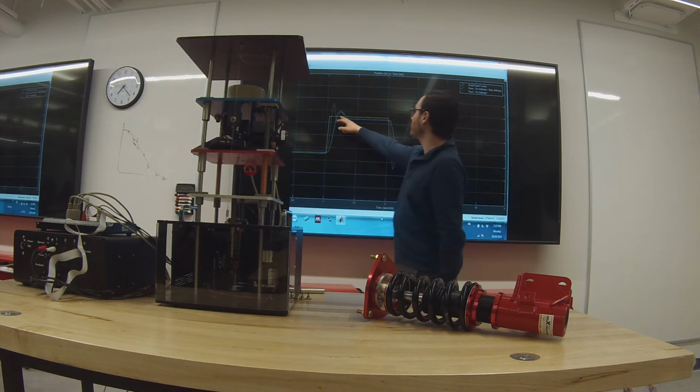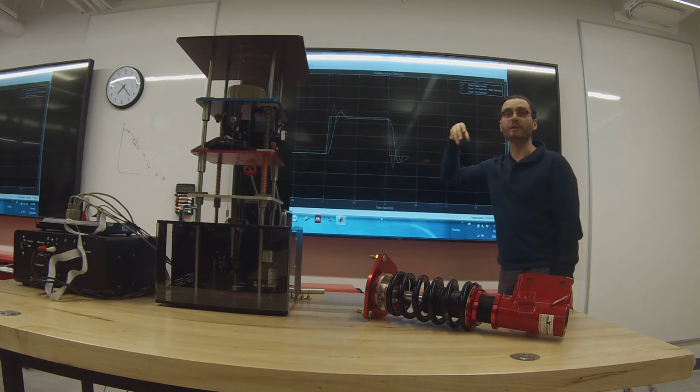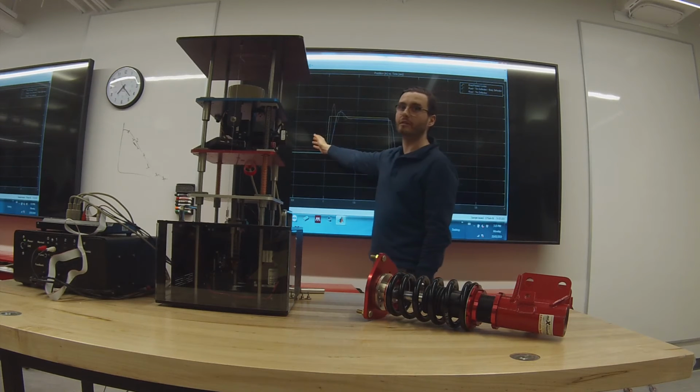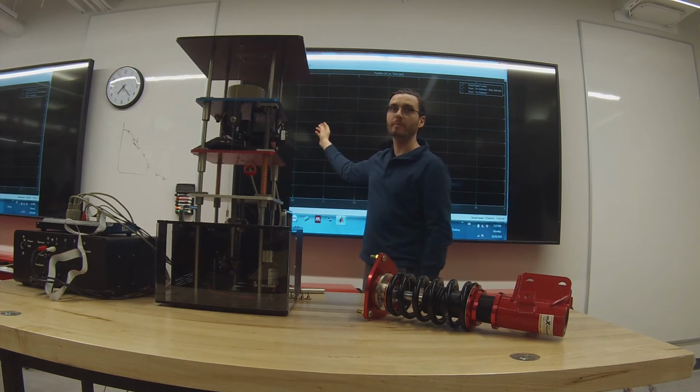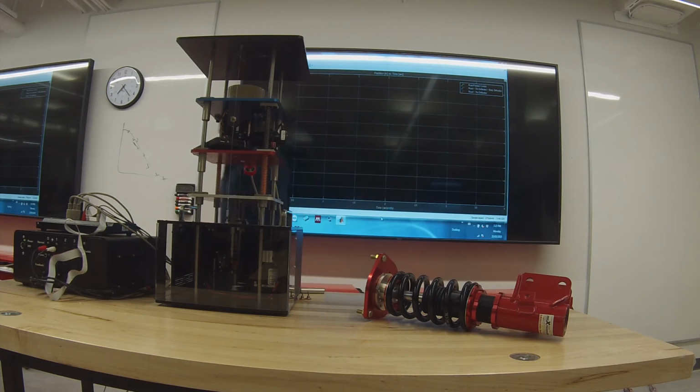Okay, so the unsprung mass amplitude should have gotten slightly higher because there's more inertia in the system. The lag time or the rise time also got longer. So the oscillation is somewhat exaggerated now.